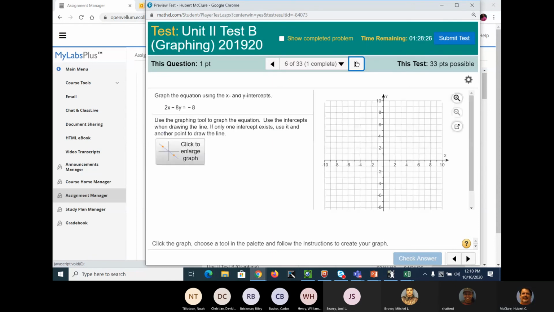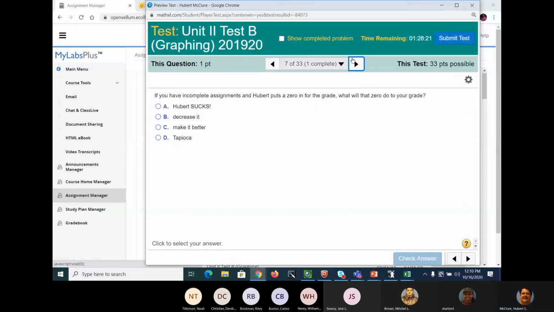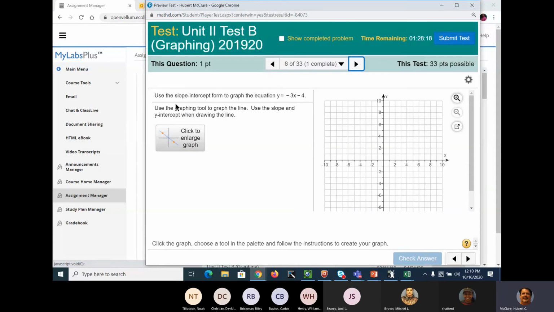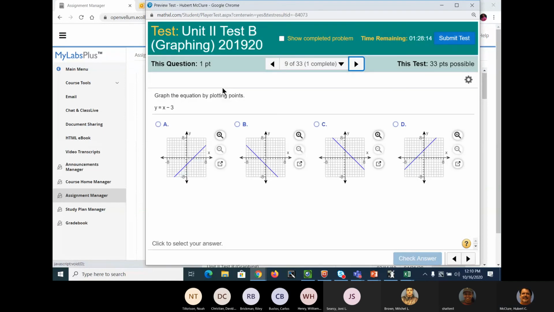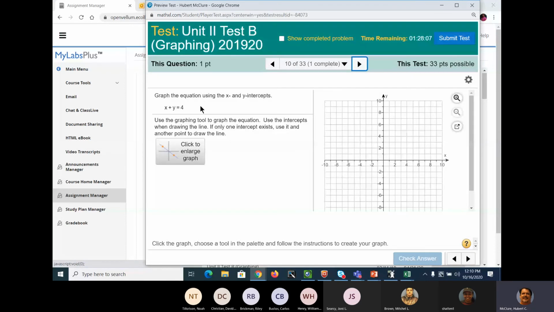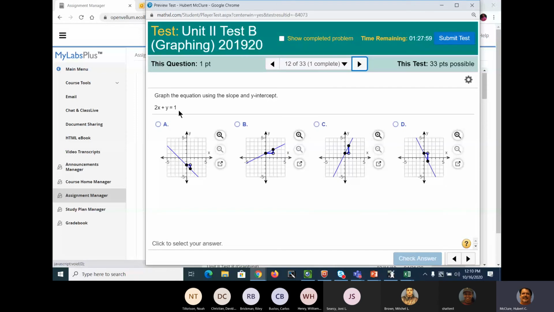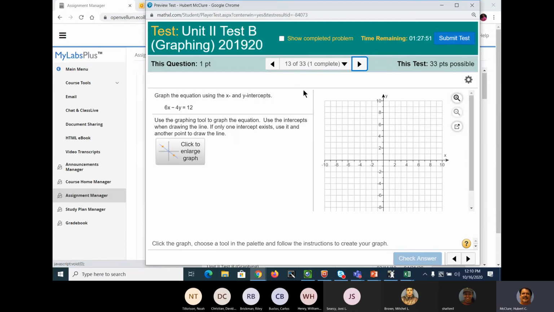Bonus. Method 2. Bonus. Use the slope intercept, method 3. Method 1, plotting points. Method 2, and I put a lot of method 2s on here. Method 2. Method 3, slope and y-intercept. Method 2.